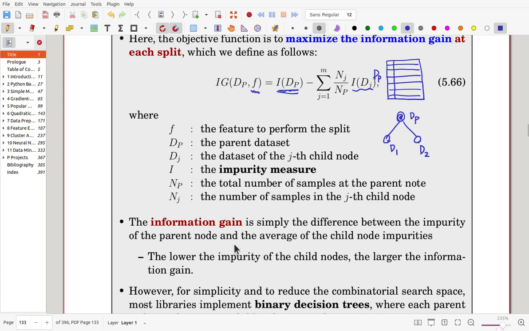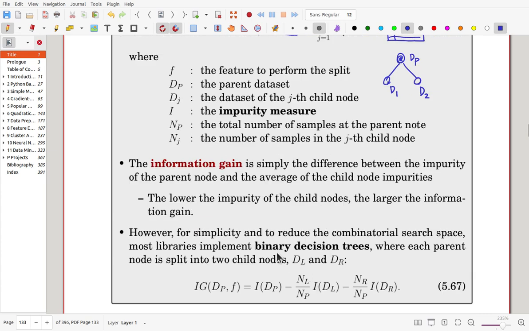But in reality, for simplicity, we usually use binary decision trees. That means that we try to get 2 children rather than more than 2. In general, you can make more than 2 children, but for simplicity, we try to get only 2 children for each split, and that is common practice.